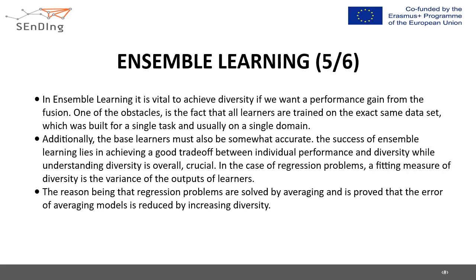The success of ensemble learning lies in achieving a good trade-off between individual performance and diversity, while understanding diversity is overall crucial. In the case of regression problems, a fitting measure of diversity is the variance of the outputs of learners. The reason being that regression problems are solved by averaging, and it is proved that the error of averaging models is reduced by increasing diversity.